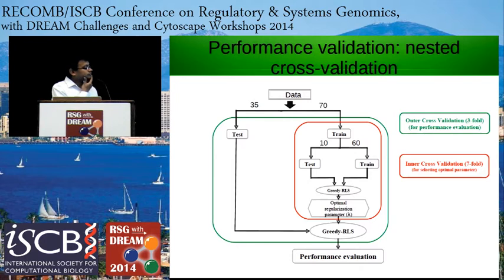In the inner cross-validation, we try a set of 20 candidate regularization parameter values and choose the one which gives the best performance over the folds. After that, in the outer cross-validation, we have the performance estimation as an average of the 3 splits.